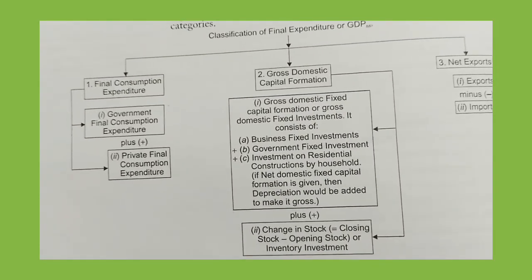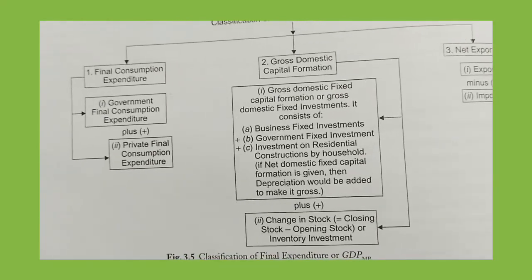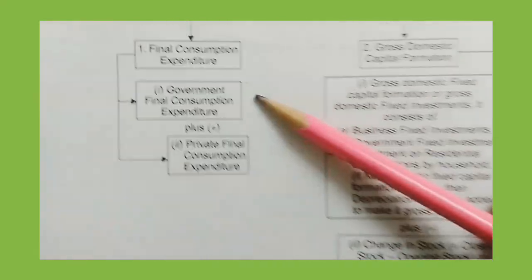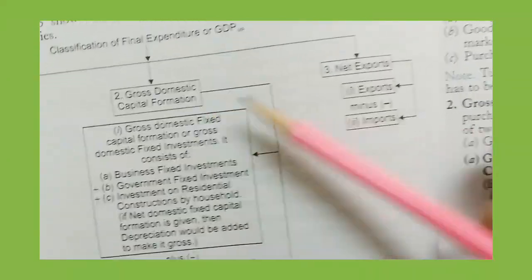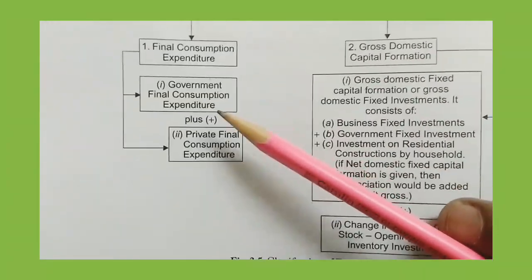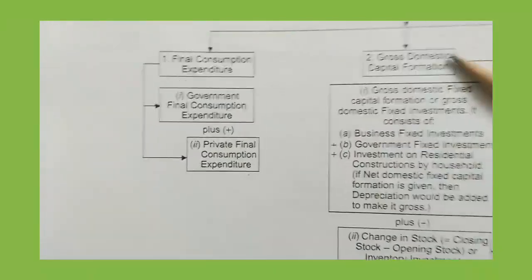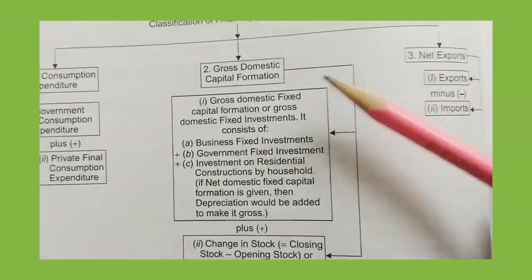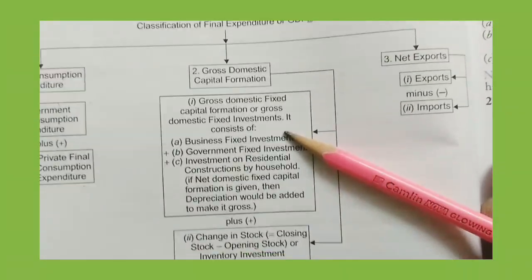This classification of final expenditure can be explained with the help of a chart. This chart shows the classification of final expenditure or GDP MP. So GDP MP equals final consumption expenditure plus gross domestic capital formation plus net exports. The final consumption expenditure is government final consumption expenditure plus private final consumption expenditure. Gross domestic capital formation is gross domestic fixed capital formation or gross domestic fixed investment.